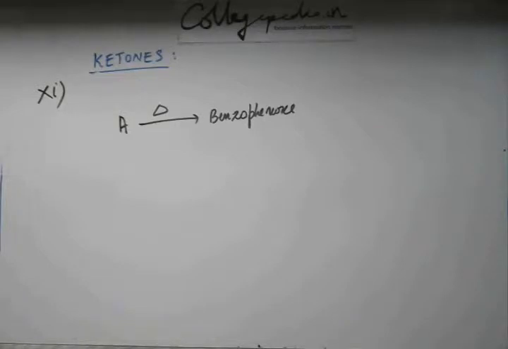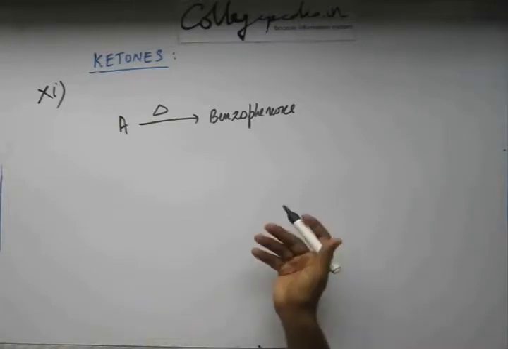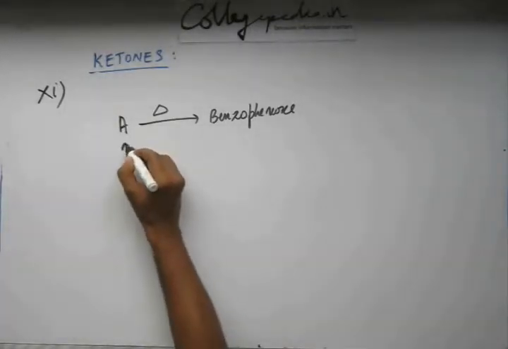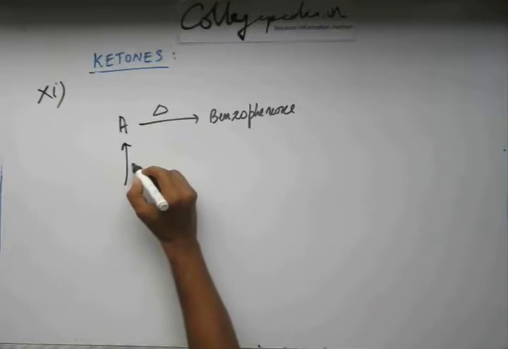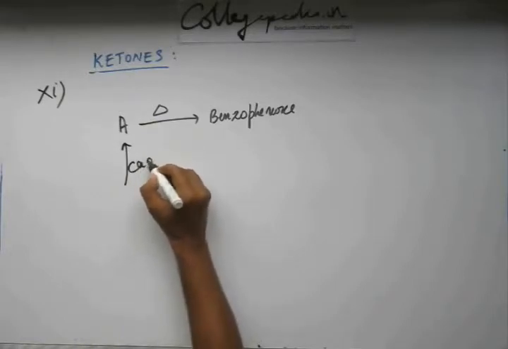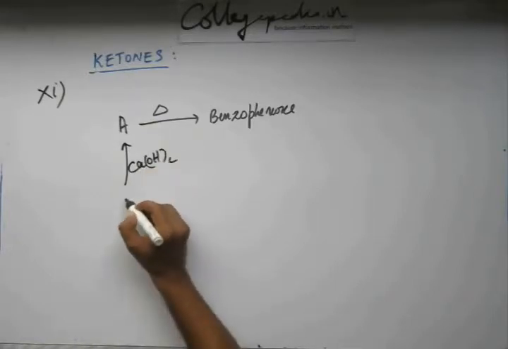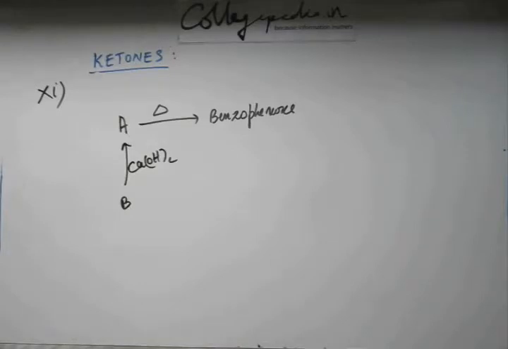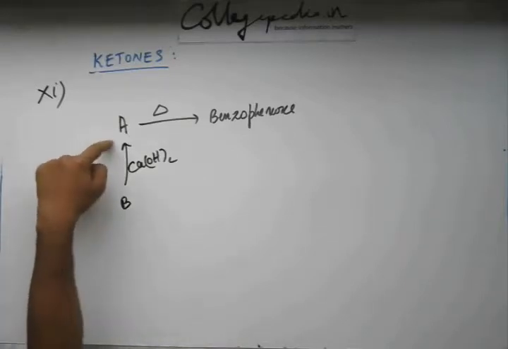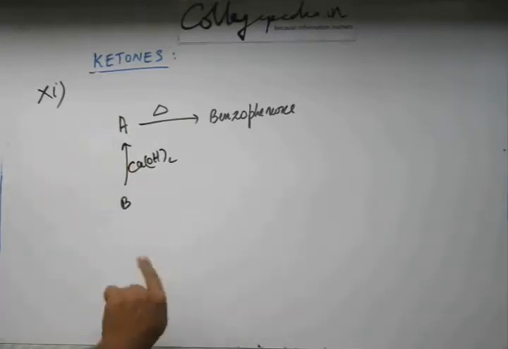Now there can be confusion in the exam if you get this problem, so to give more clarity, let me reframe the problem like this. Now this is very clear. You're adding calcium hydroxide, then this must be a calcium salt. Now there is no ambiguity.